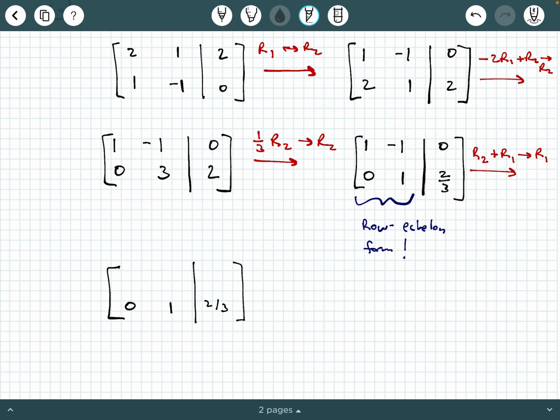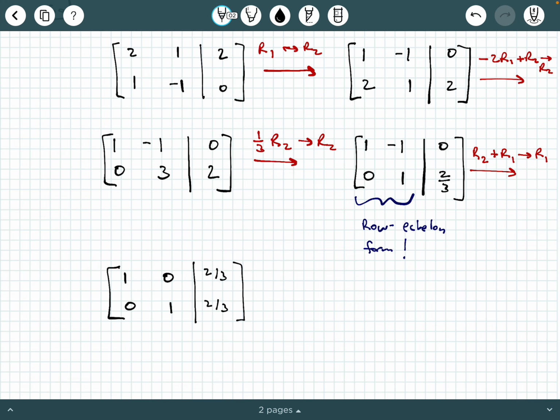So what happens when I say row 2 plus row 1, one entry at a time? You'll get 0 plus 1. Well, that keeps it 1. And then you have 1 minus 1, so that changes this entry to 0. And then you have 2/3 plus 0, and so this entry up top becomes 2/3.